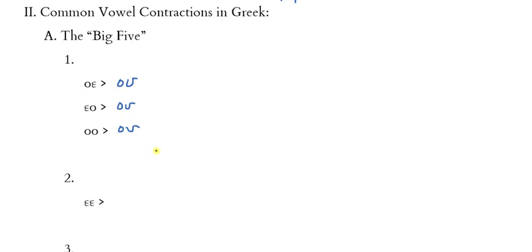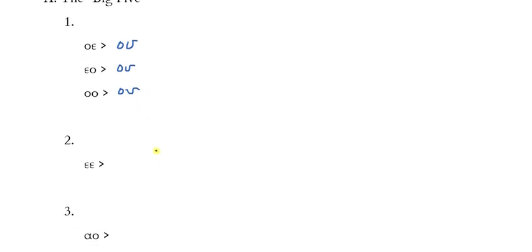Okay? Now, let's just take an example here. Let's take poie. This is the verb that means to do or make. That's the present stem. Let's say we want to say we do. I'm going to add men. What's going to be my connecting vowel before mu and nu? Omicron. So I'm going to have an omicron here.